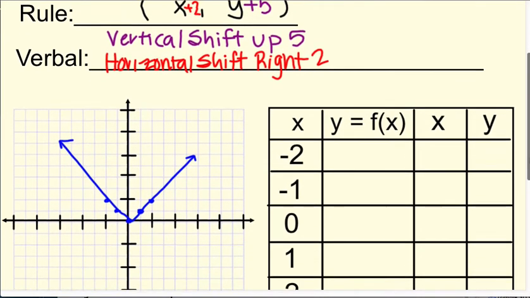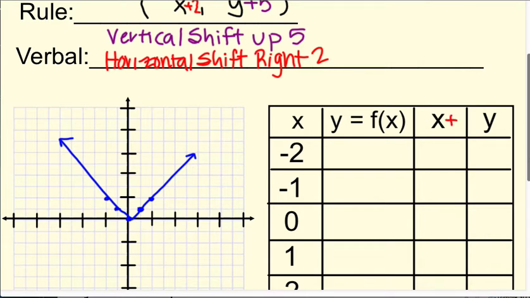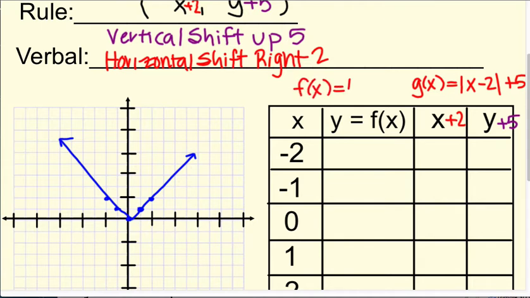Now let's head down. Let's go ahead and put a plus 2 here and a plus 5 there. This will be my g of x, absolute value of x minus 2 plus 5 at the end. My parent, remember, was the f of x equals the absolute value of x.